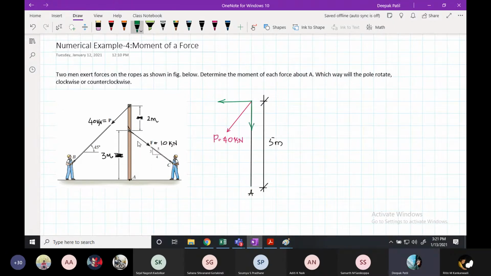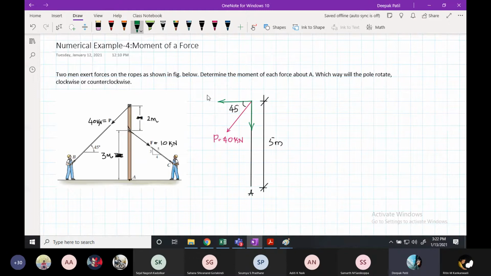Okay. Now also they have given the angle made by the rope with respect to horizontal. Now the angle made by this rope with respect to horizontal is given as 45 degree. If that is 45 degree, it means this angle is 45 degree. Okay. Now let me find out the components. So P is 40 kilonewton with 45 degree with respect to horizontal.